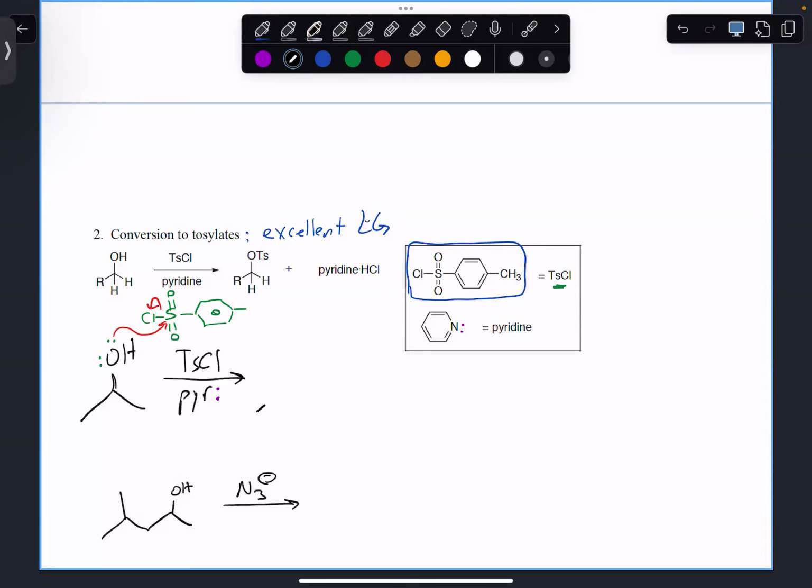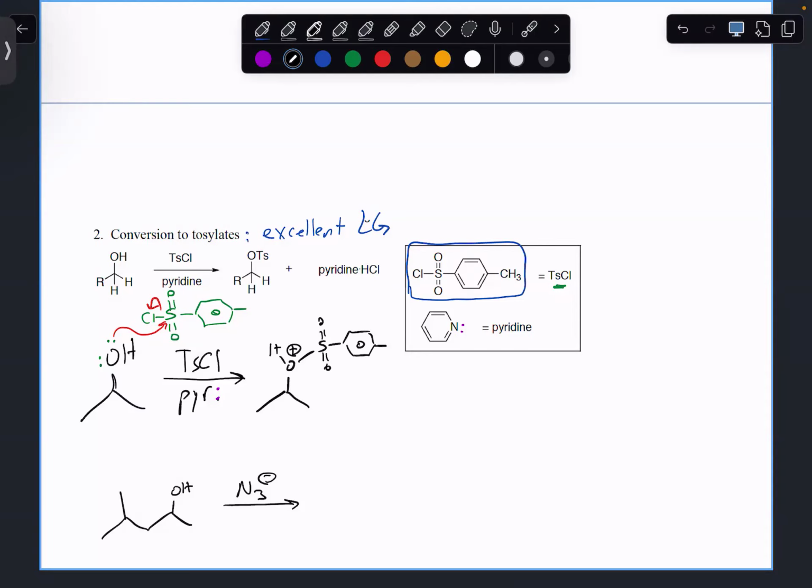So your intermediate here is going to look like this. And this positively charged intermediate, by the way, is why we have to use this other reagent. The other reagent on the arrow here is called pyridine. And here's the structure of pyridine.